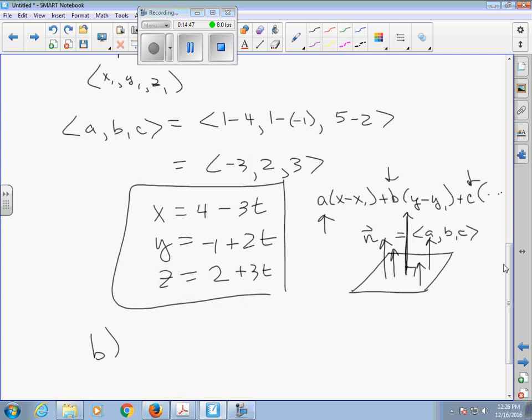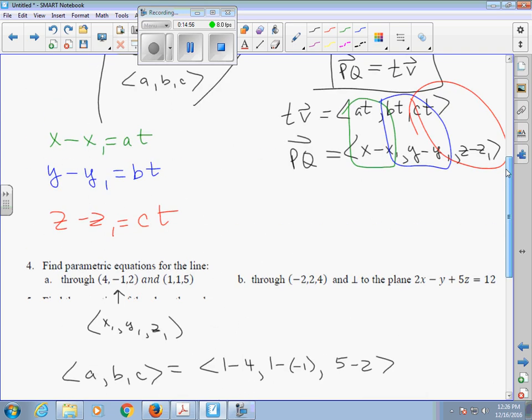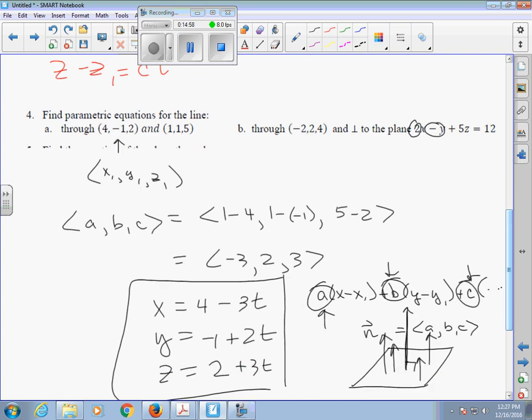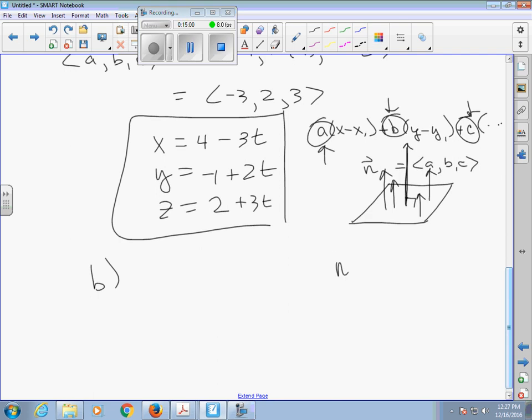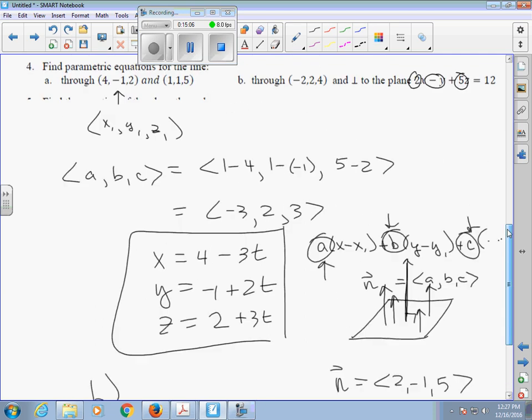I mean, you can make those different lengths, okay? So a vector that's orthogonal to the plane, the components of that vector are simply the coefficients there. So if I look up here, 2, negative 1, 5 is the normal vector of the plane. The normal vector is perpendicular or orthogonal to the plane.